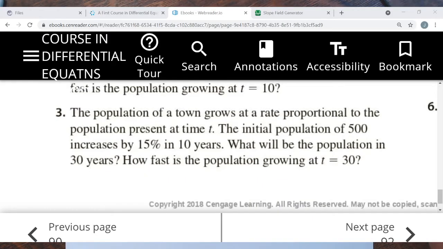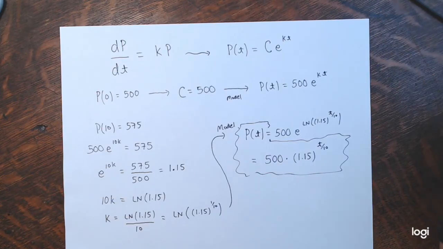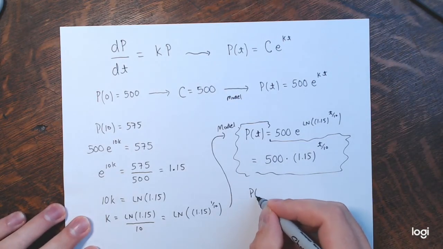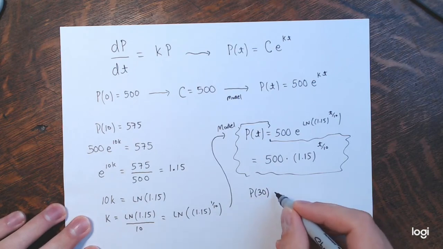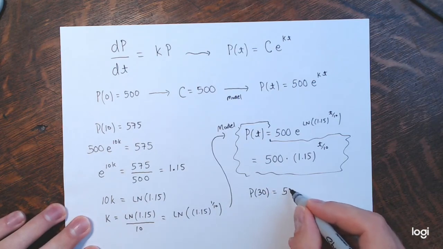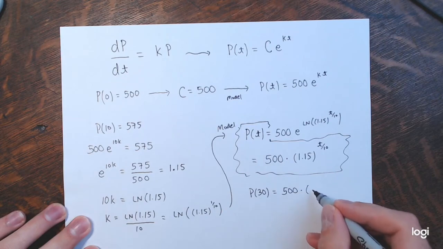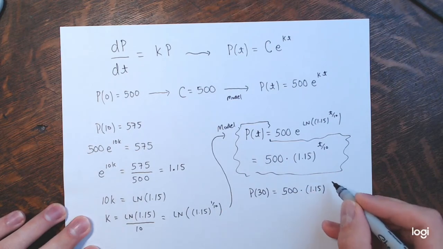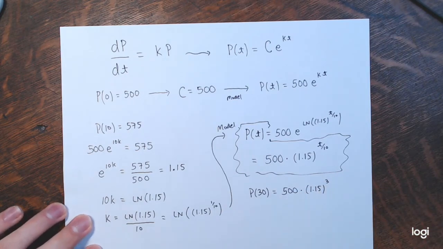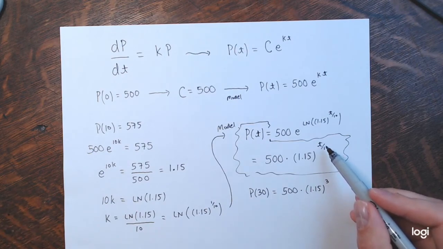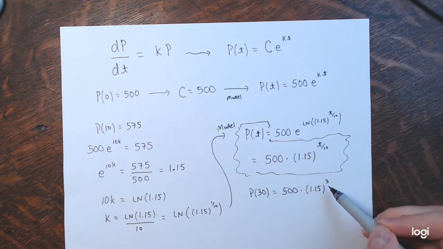The question is, what will the population be in 30 years? So I'm just replacing t with 30. P of 30 would be 500 times 1.15 to the 3rd power, because if t is 30, this would be 30 divided by 10, which is 3.